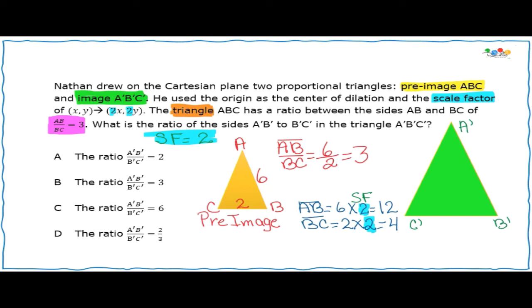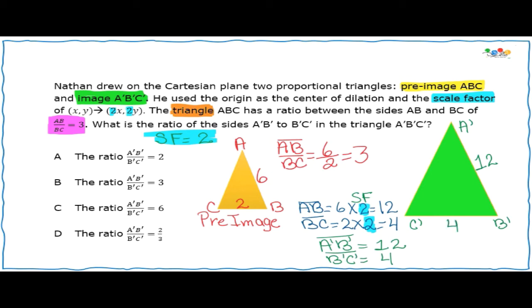So now I know that A prime B prime equals 12, and B prime C prime we found to be 4. So let's write those measurements: on the right side, 12, and on the bottom, B prime C prime, 4.